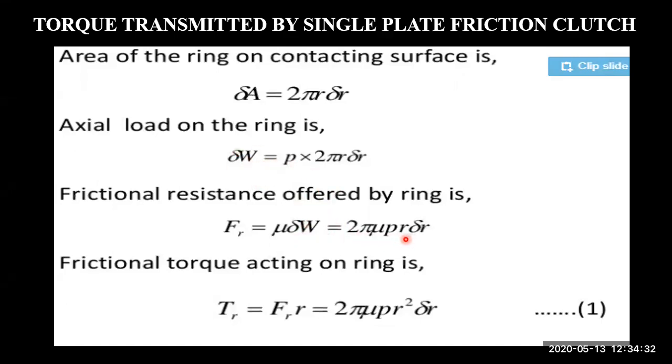So together expanded, it is 2 pi mu p r delta r. Okay, so next, frictional torque acting on that particular area, you can call it as T, is equal to force times the radius. The radius we'll just put as r. So r times r will be r squared here. So everything here will be just multiplied by r.